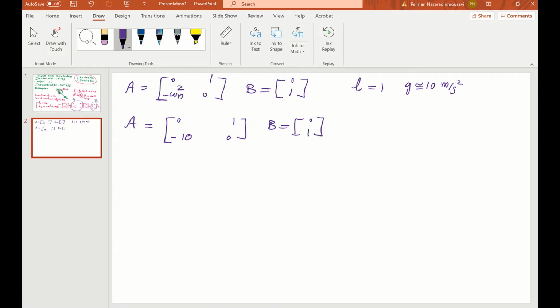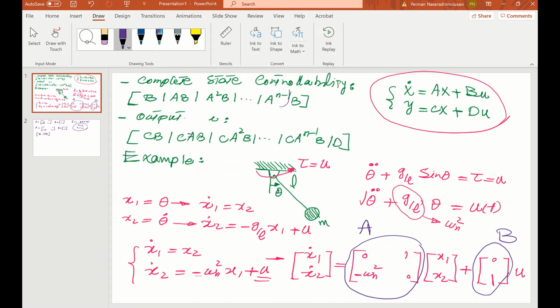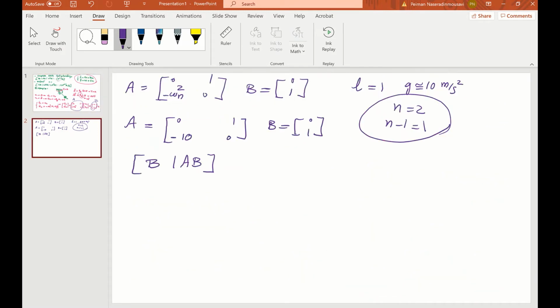If I want to examine the complete state controllability of this system, we have to check the controllability matrix B and AB, because it is a second order system, n is 2, so n minus 1 is 1. Look at here, guys, the power of n minus 1.